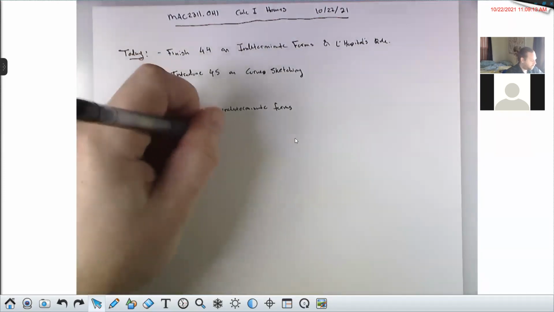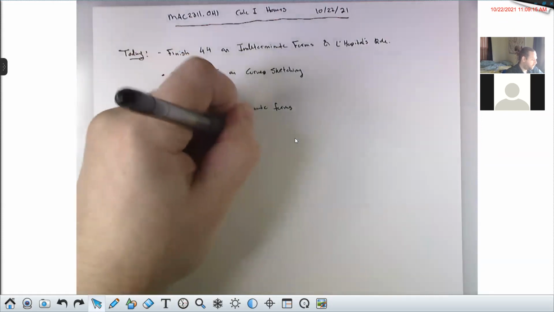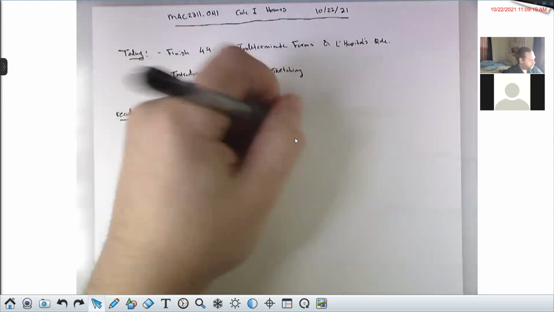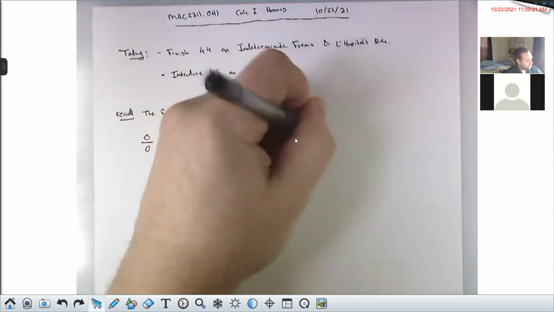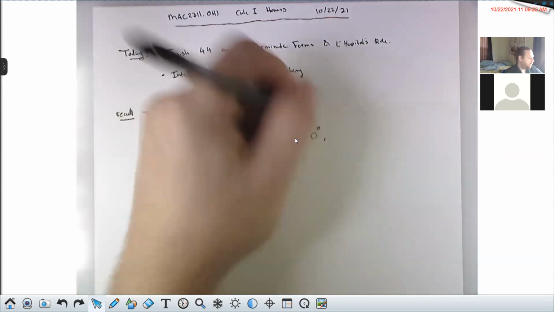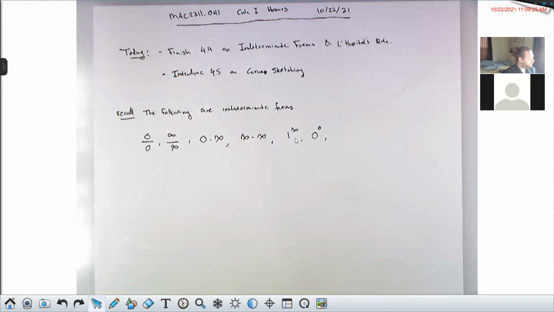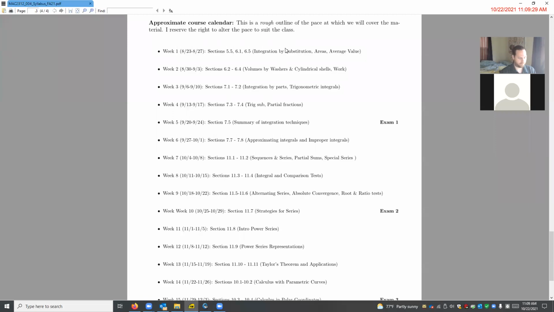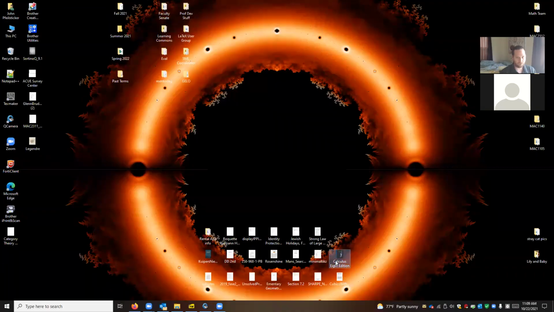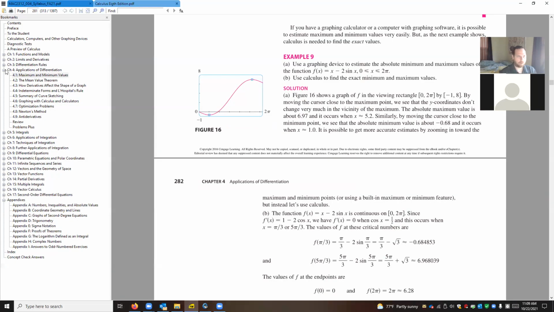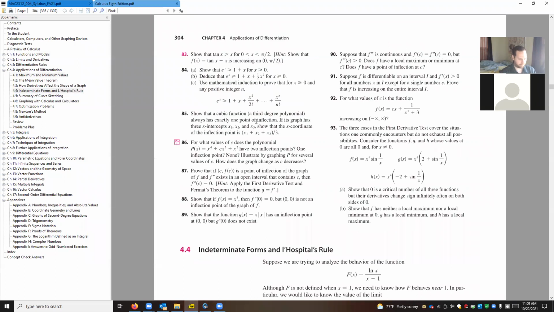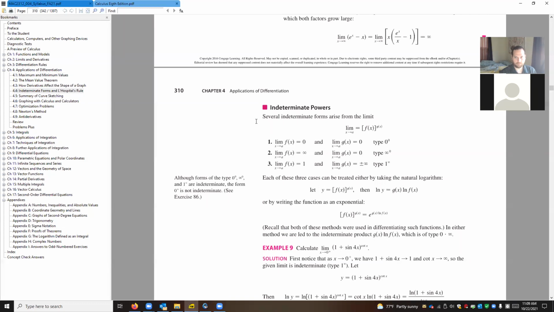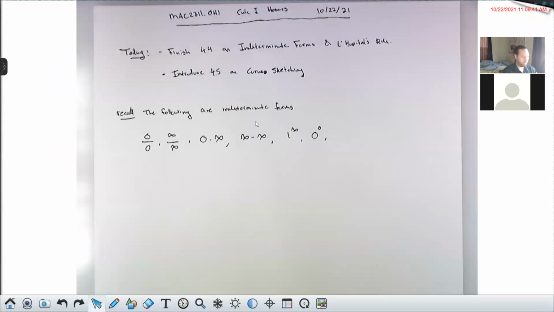Also 0 times infinity or infinity minus infinity. 1 to the infinity, 0 to the 0. And I always forget this. Is it 0 to the infinity? It's our last indeterminate form here. Just for whatever reason, you know it when you see it. Is it 0 to the infinity? Infinity to the 0. Yeah.